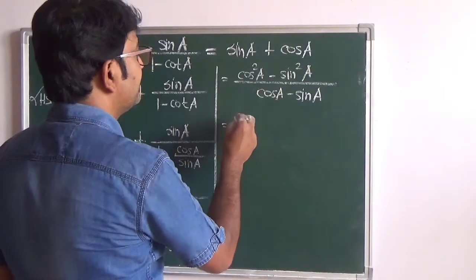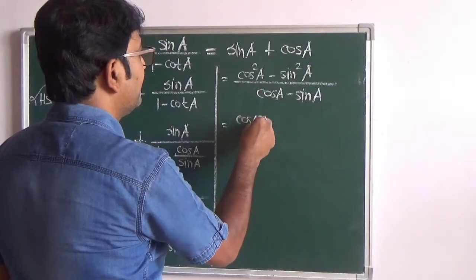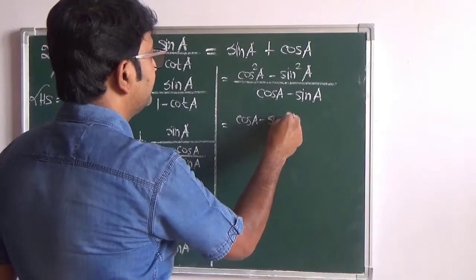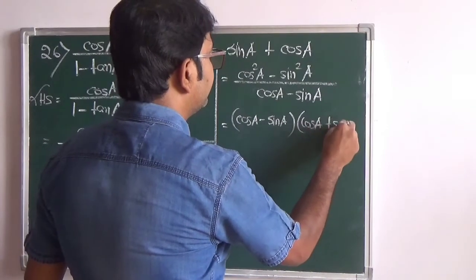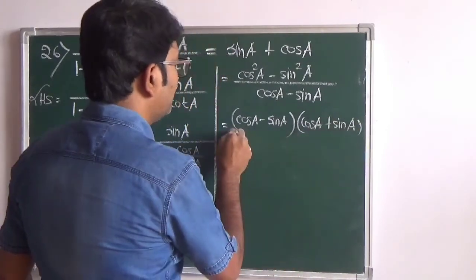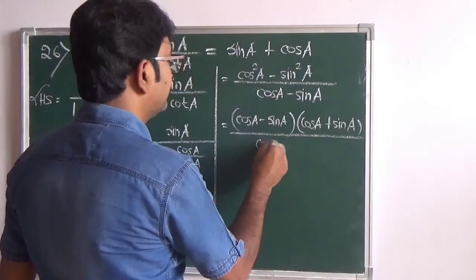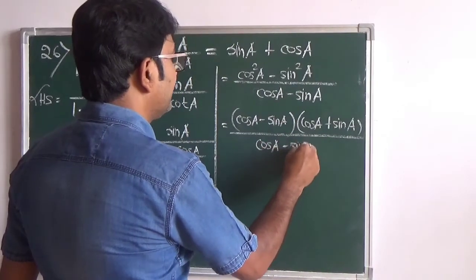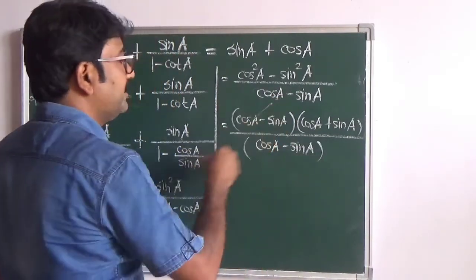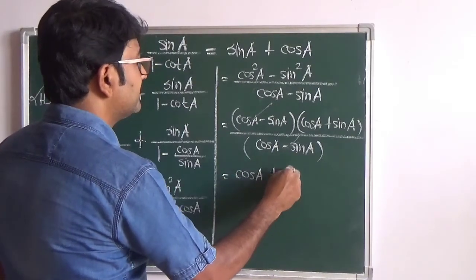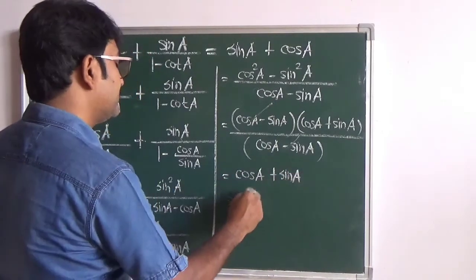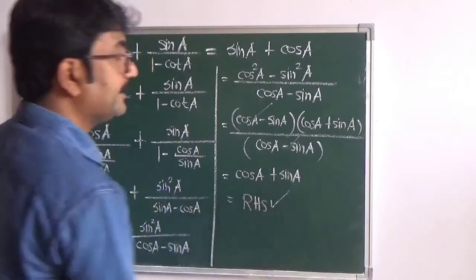A square minus B square, so it is cos A minus sin A, and this will be cos A plus sin A, divided by cos A minus sin A. So these two will be eliminated. We will be left with cos A plus sin A, which is the value on the right hand side.